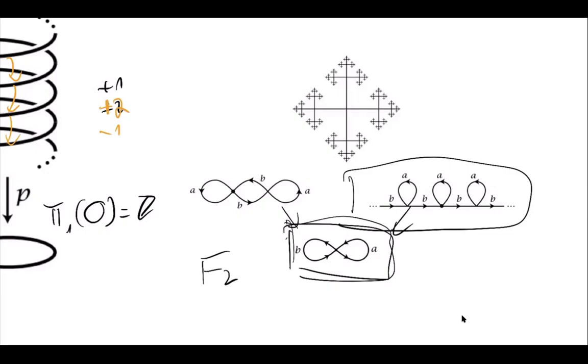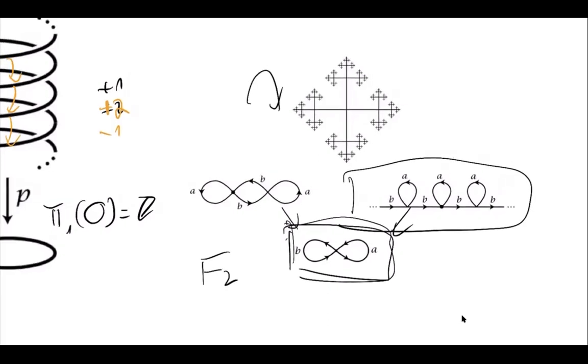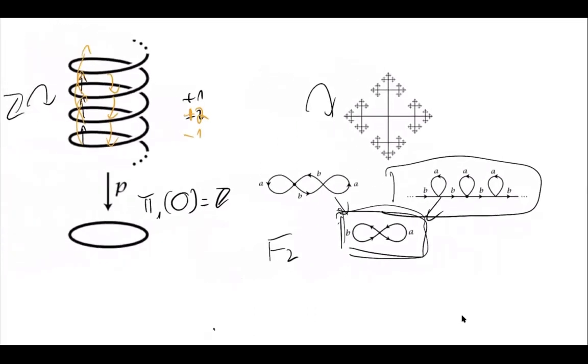And the way you see the connection between them is by their action on the tree upstairs, by deck transformations. So hopefully I didn't tell you anything new, because these are quite basic in algebraic topology. And I will need at least the main idea here. So let's go back to the slides.